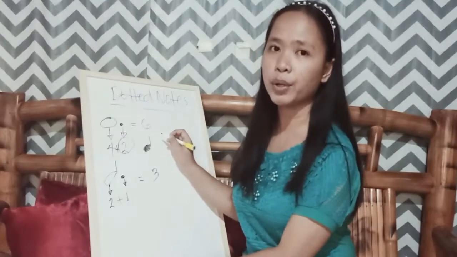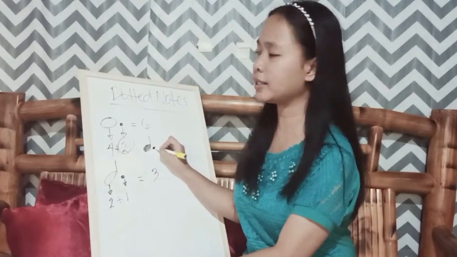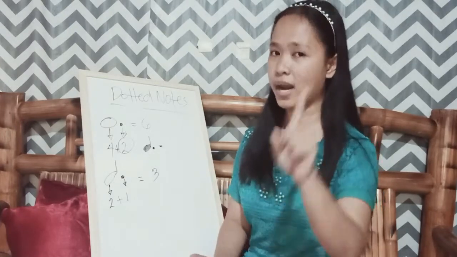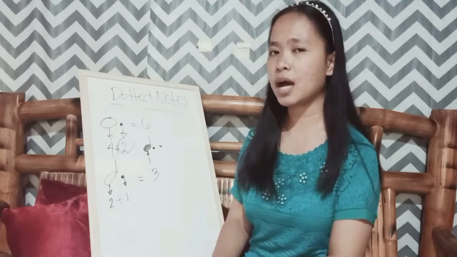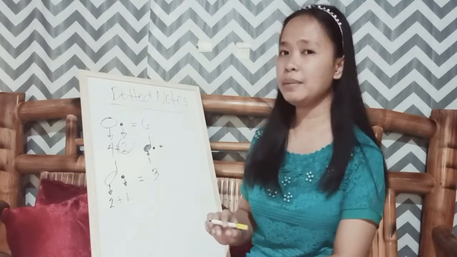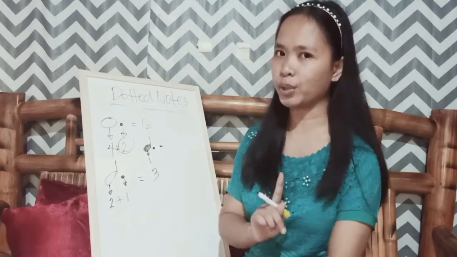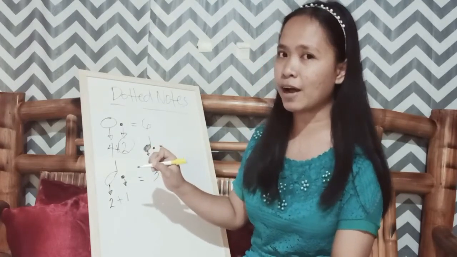For our next example, this is the quarter note. And then we add a dot. So our quarter note is 1 count. And then, our dot, mag-iiba siya kasi yung note na sinusundan niya is quarter note. So it is half of the note it follows.